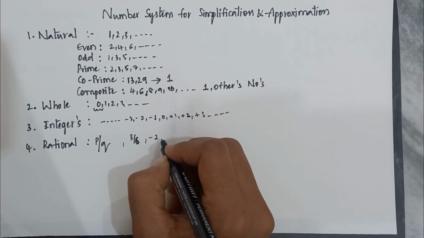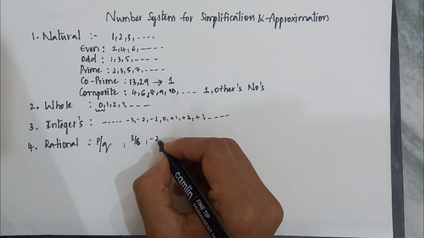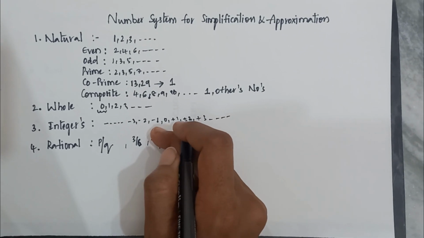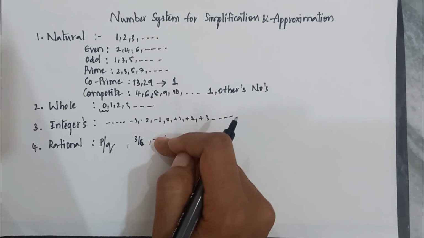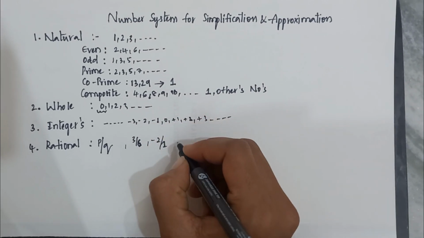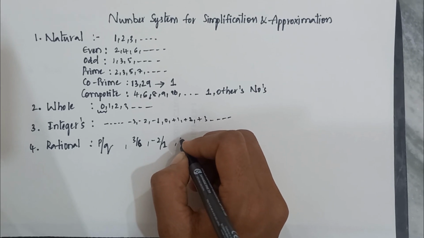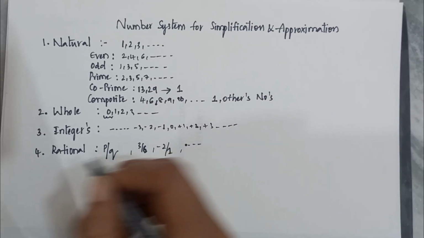What if you take -2? It is also a rational number because you can express this as -2 by 1, that means in the form of p by q. So it is a rational number, and numbers like these will be rational.